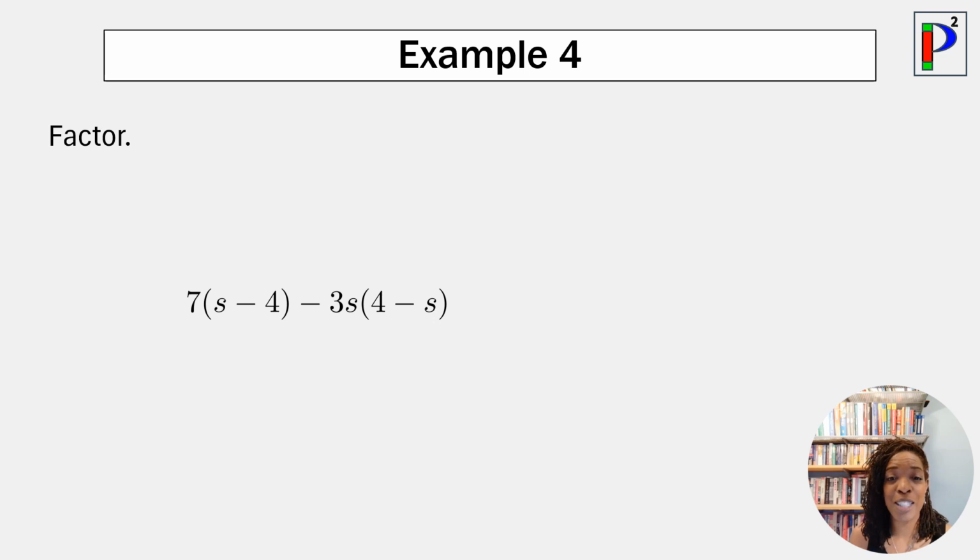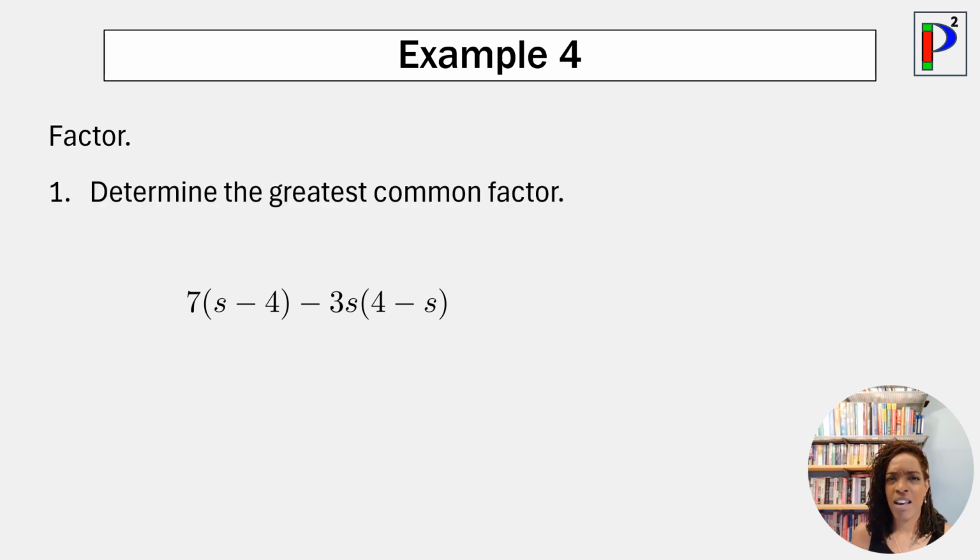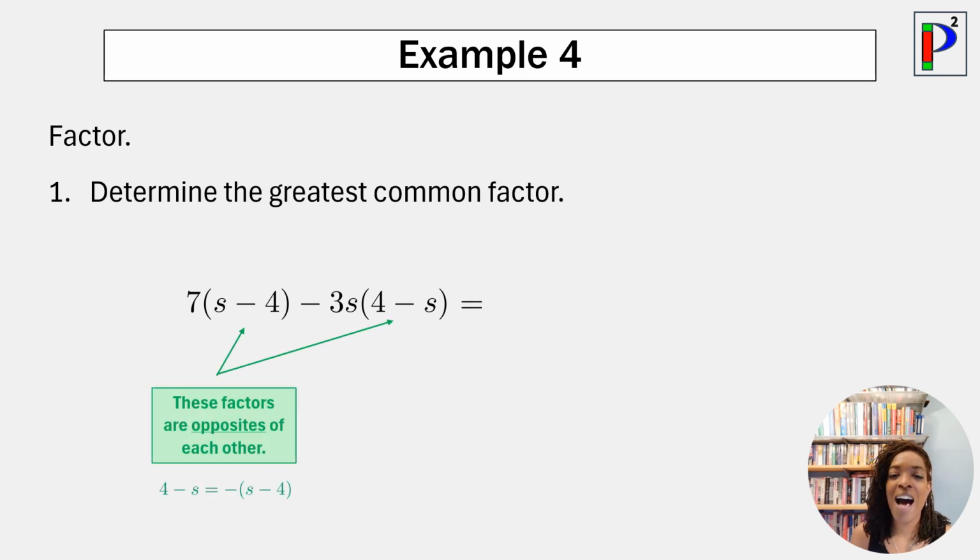This is our final example, and of course I had to make it a little bit tricky. Do you see a GCF between our two terms? Surprise! We have opposites. s minus 4 and 4 minus s are opposites of each other. So in order to get them to be the same, we're going to switch the order of the terms and bring a negative sign out front.